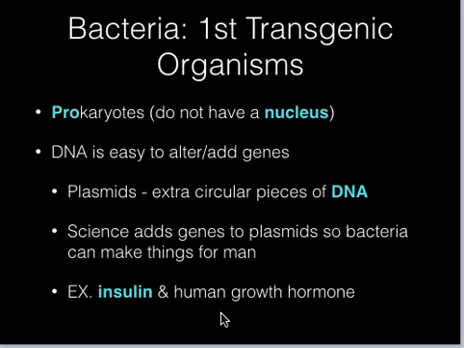The second thing we had bacteria do was to make growth hormone. There's about 16 different kinds of dwarfism where people don't grow to normal height. For some of those types of dwarfism, all they need is the correct growth hormone to be injected into their body and they'll grow to the normal size.